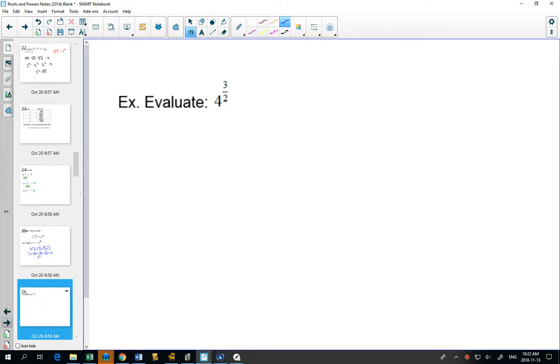So now what does this mean? 4 to the exponent of 3/2. Now the reason I showed the previous law is because this means I can take this 3/2 and think of it like this.